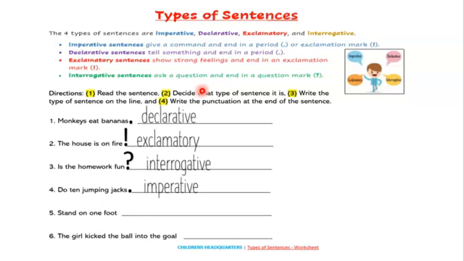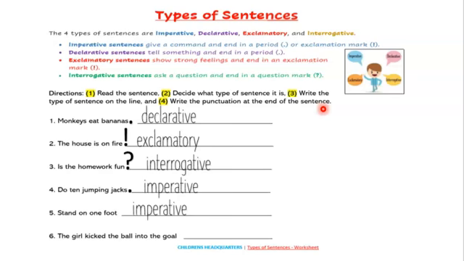Let's go ahead and decide what type of sentence this is. We said it's a command, so we know that commands are imperative sentences, right? Very good. So now we have to write the type of sentence on the line. So let's write imperative right there. Then we have to write the punctuation at the end of the sentence.